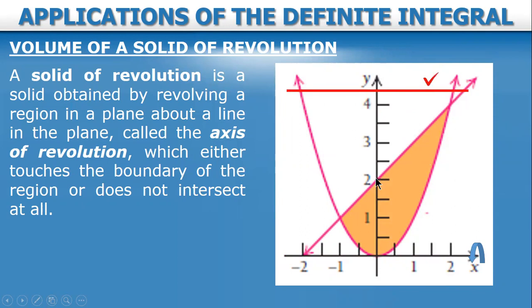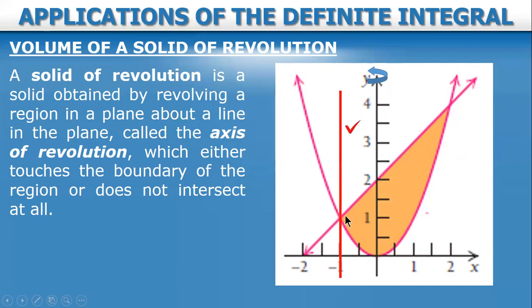Or for vertical lines or vertical axis of revolution, if you revolve the area about the vertical axis, you cannot revolve the area about the y-axis since the y-axis intersects this region. So, it's not possible.